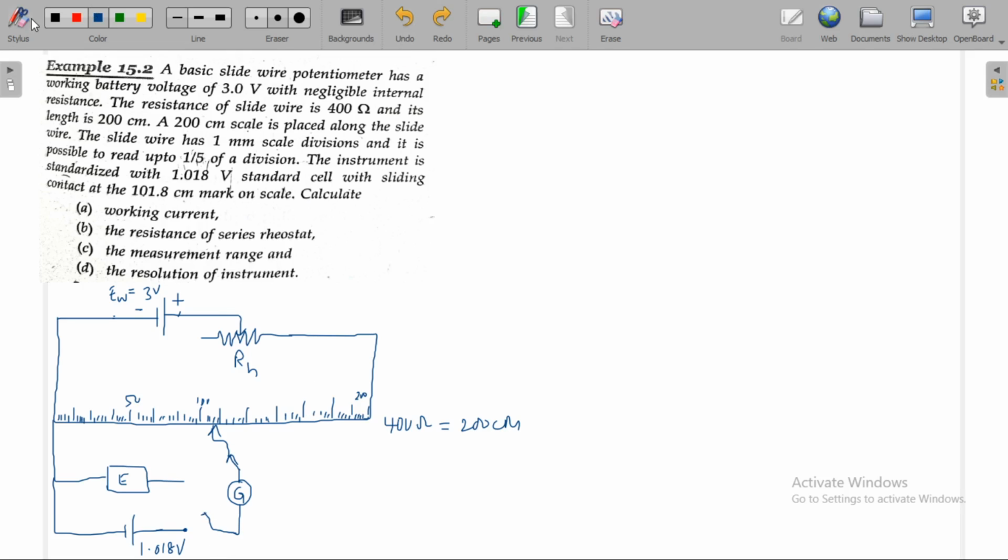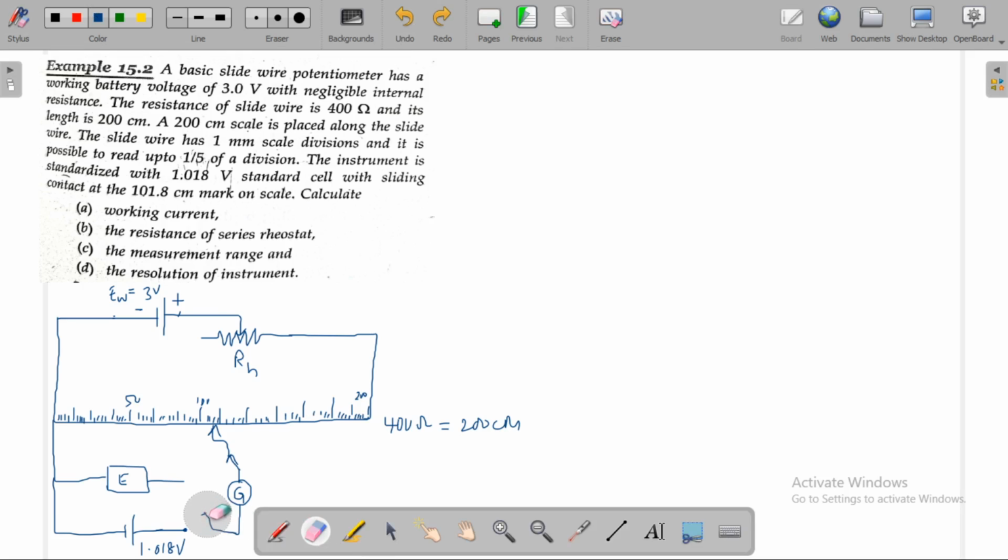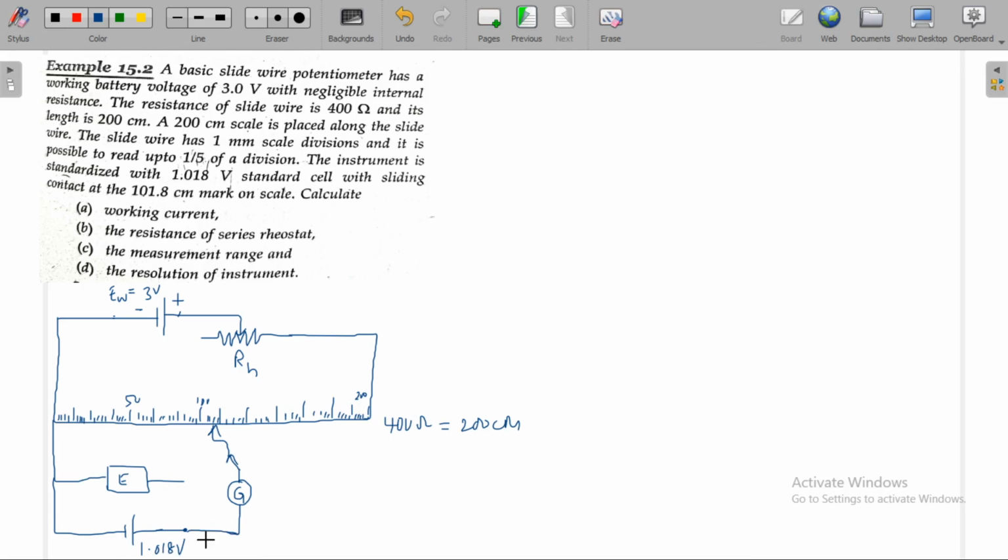Otherwise, let me connect these two. Now you are going to have the circuit like this.